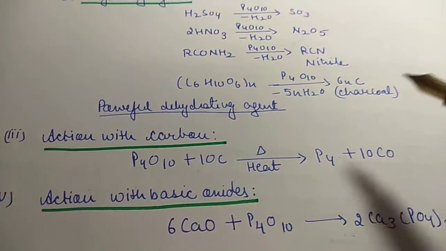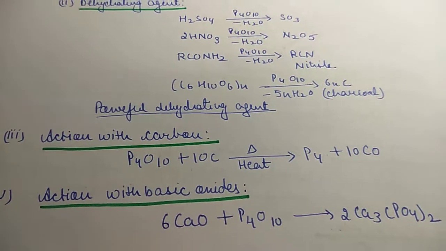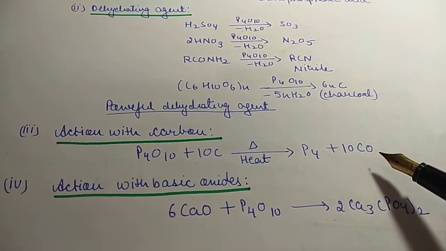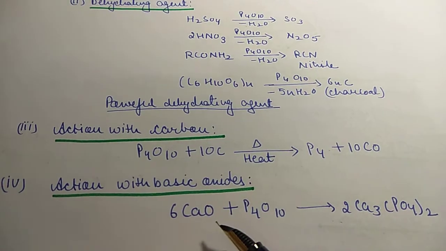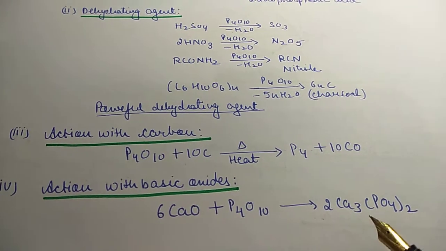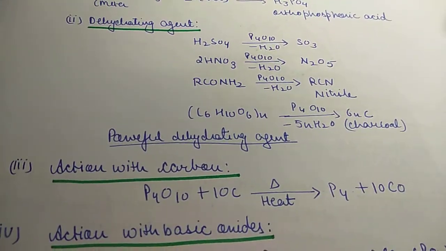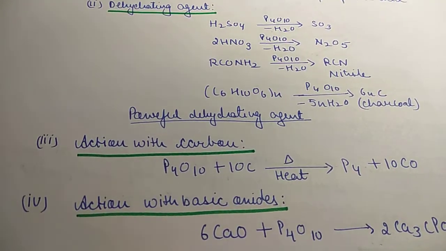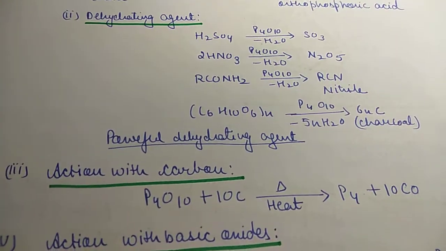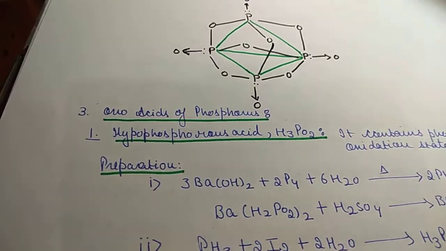Then action with carbon. On heating with carbon, it gives phosphorus and carbon monoxide. Then it reacts with basic oxide like calcium oxide to give calcium phosphate. Then next we have the structure.